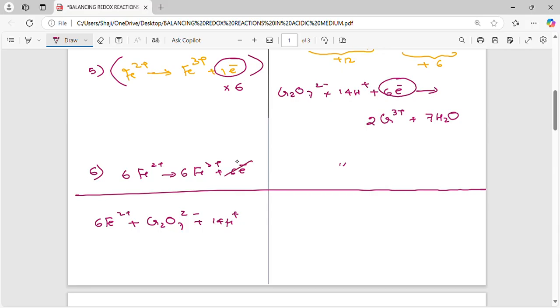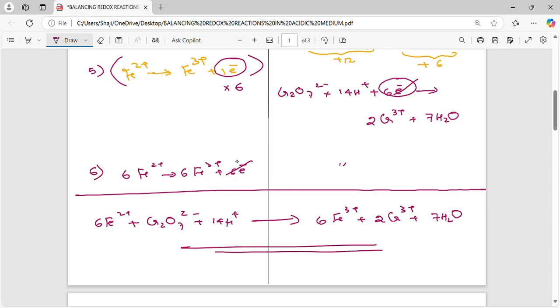While adding, the 6 electrons will be cancelled, and it gives 6 Fe3+ plus 2 Cr3+ plus 7H2O. This is the RHS of both the oxidation and reduction halves.